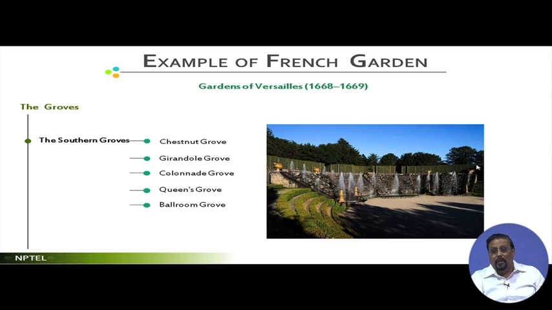This particular area is essentially for recreation. Here we see another thing: the vegetation is planted on terraces, and there are stone walls and other things in the backdrop, then we have the fountains over here, and the vegetative grove at the back. So this is what is identified in this example as the Ballroom Grove.